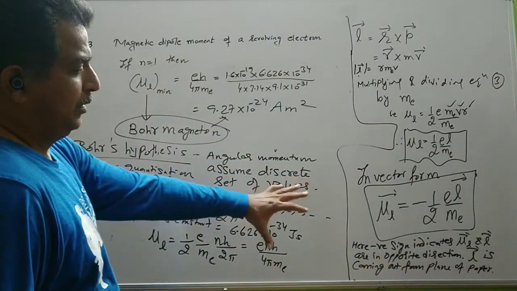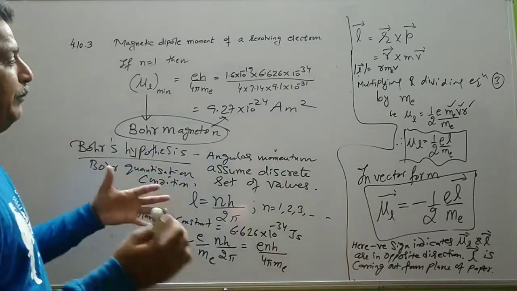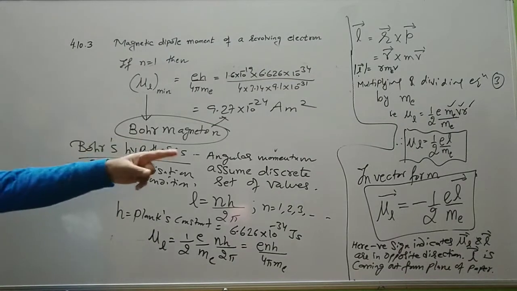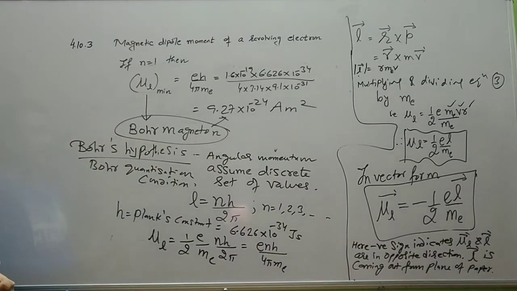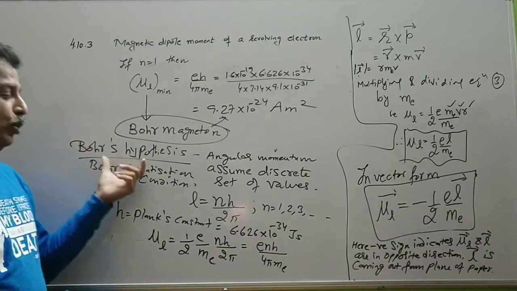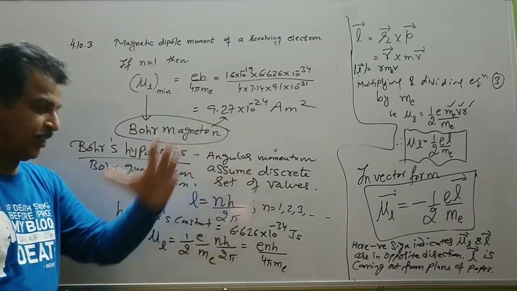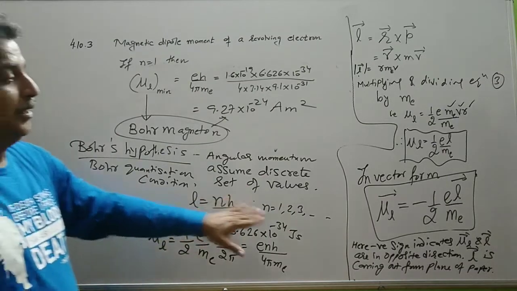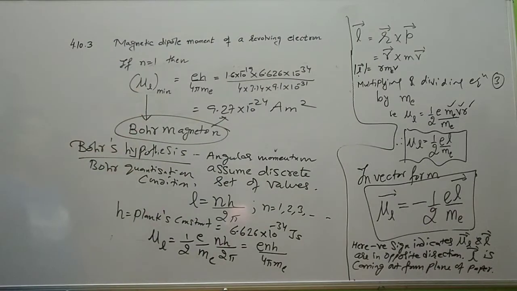Ampere proved this theory, and later it was connected with the Bohr hypothesis, because according to Bohr, the angular momentum should assume discrete values, and then there should always be a minimum value of the atomic dipole moment.